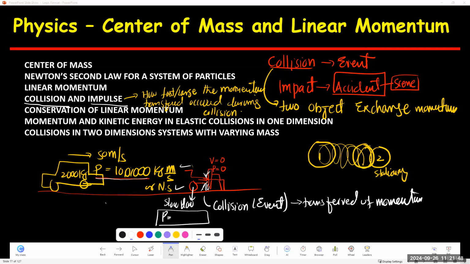So 100,000 before, now after the collision it is 99,000 kilogram meter per second. That's reduced. So how much reduced? I think it's reduced by 1,000.